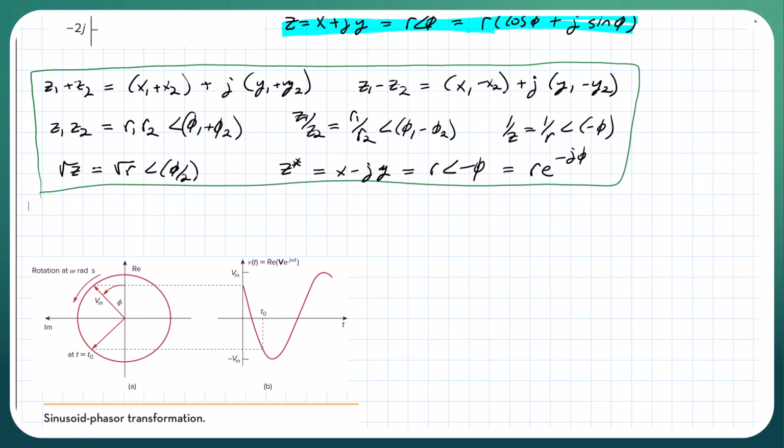Now that we've gotten that out of the way, we can talk about phasors. When we talk about phasors, we want to represent them using Euler's identity.